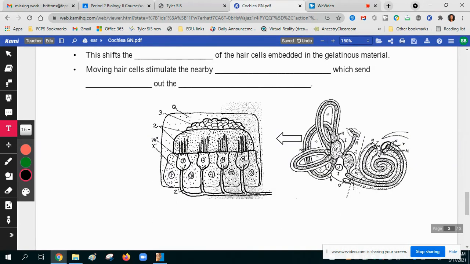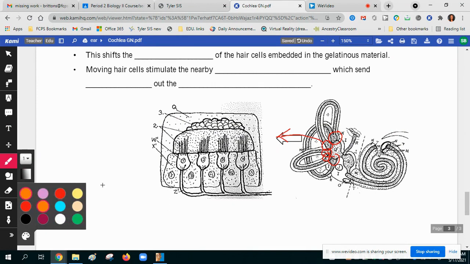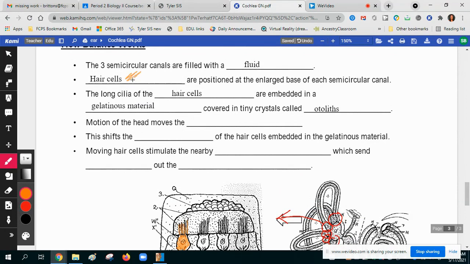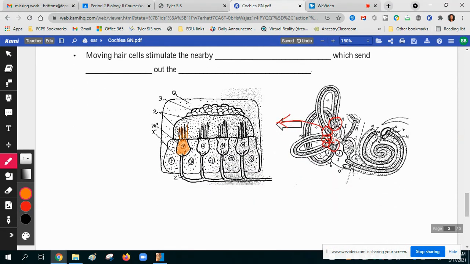So if we were to look here, or here, or here, or here, or here, what we would find are, we'll use our same color for hair cells. Here's the hair cells, and here's the cilia. Okay, I'm just going to do one. And I'll mark my color up here. And then you can see that these hair cells are embedded in the gelatinous material.